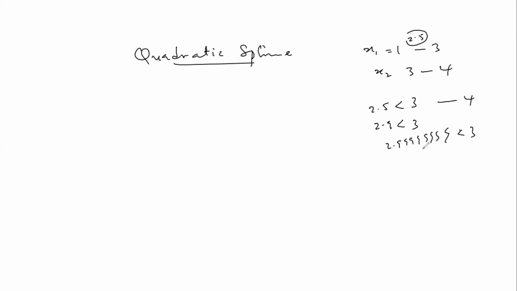But when we get to 3.0, that may be a good point to get confused, because I have this model estimating values from 1 to 3. Then I also have this model estimating from 3 to 4. So this is the boundary.